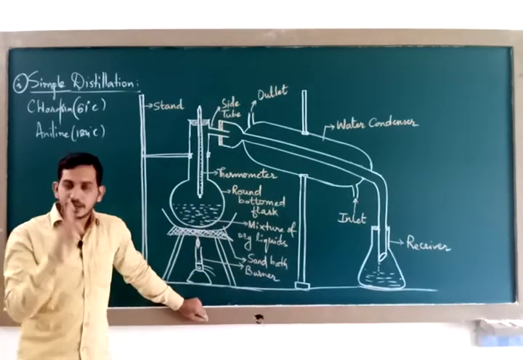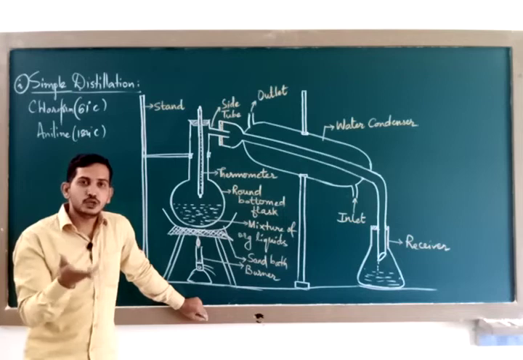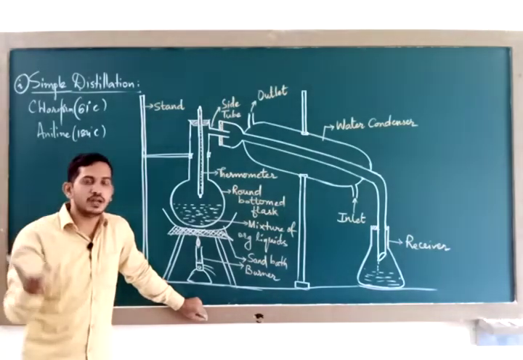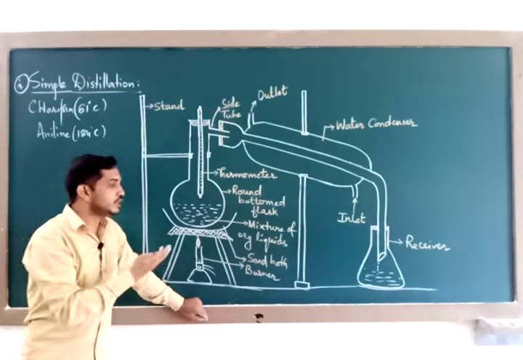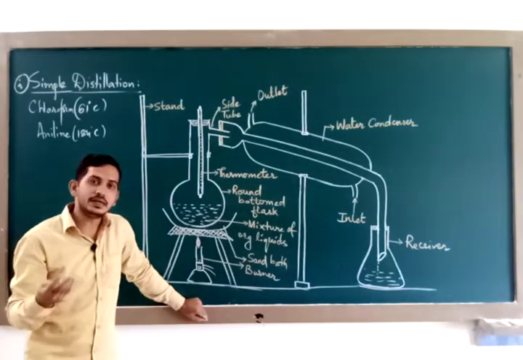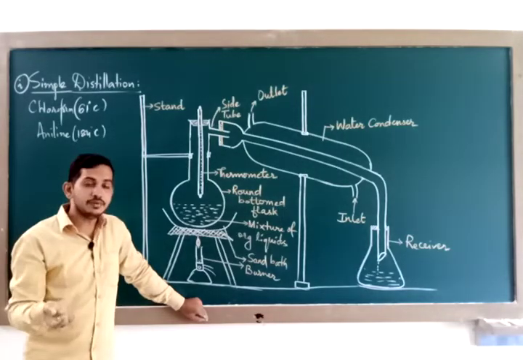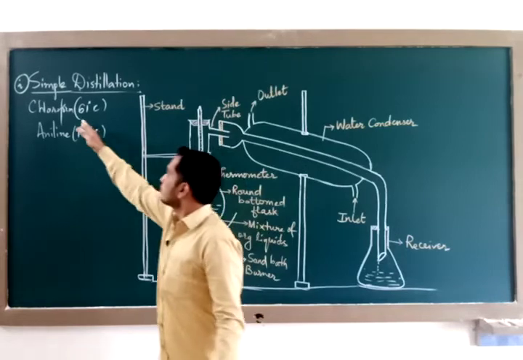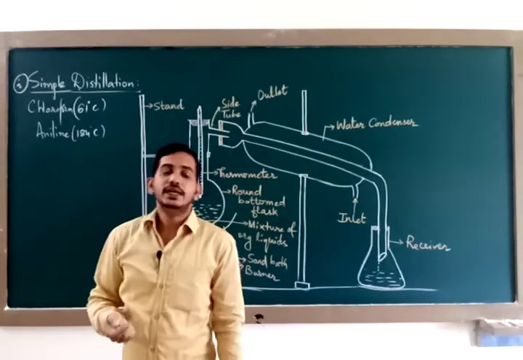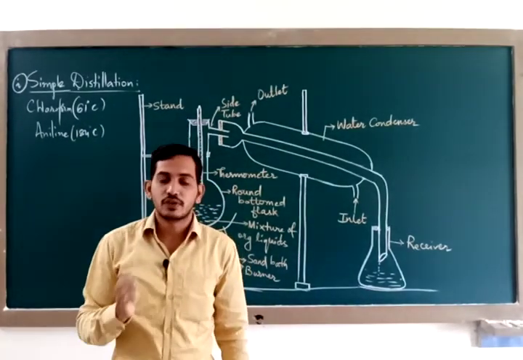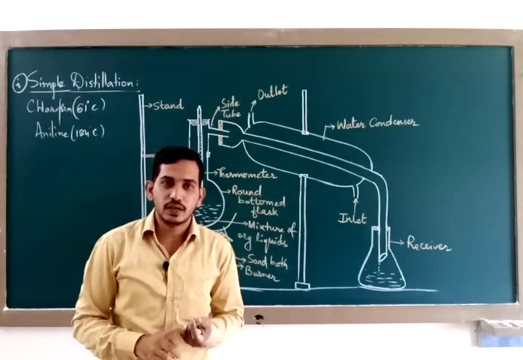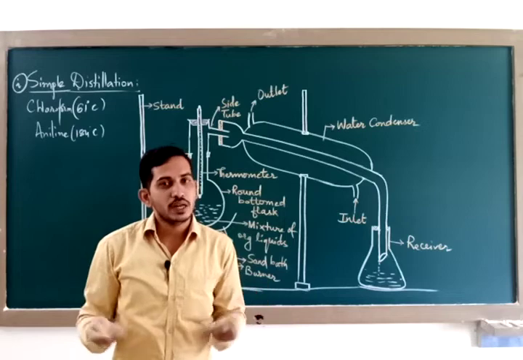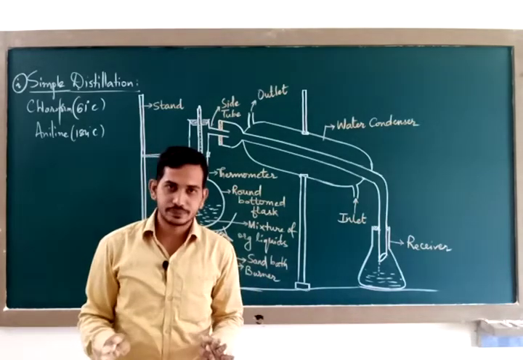Remember, if the liquid to be heated has a higher boiling point, then you need not use a sand bath or water bath. Direct heating is enough. If one of the liquids has a very low boiling point, like in this case chloroform at 61, then indirect heating is required. Depending on the nature of the liquid, you can use either a sand bath or water bath. If the boiling points are very high, you need not use them.